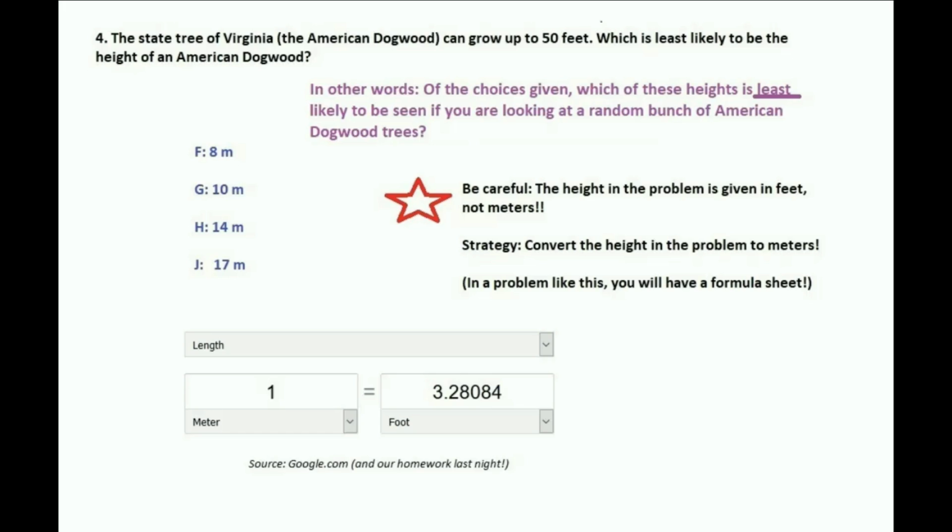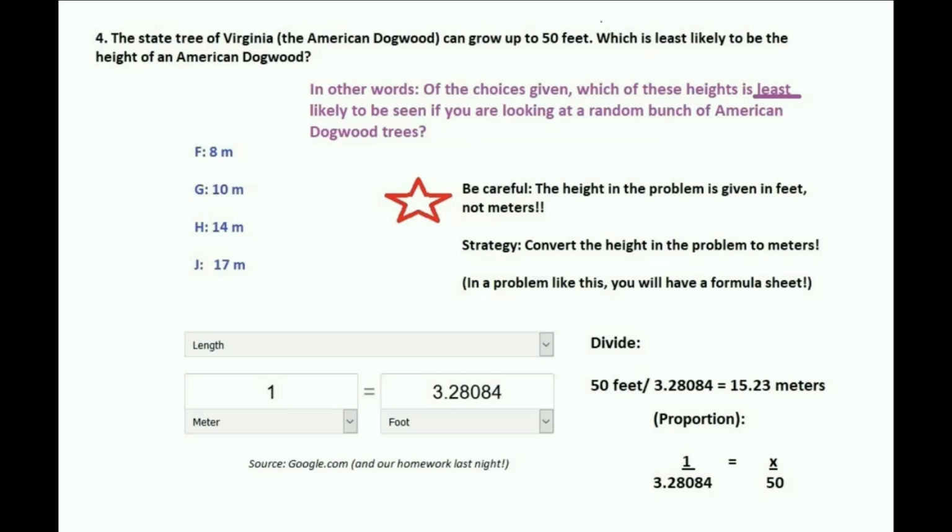What we have to do with this is divide 50 feet by 3.28084, which equals 15.23. If you have that in a proportion, it's 1 divided by 3.28084 equals x over 50. Meters on the top, feet at the bottom.